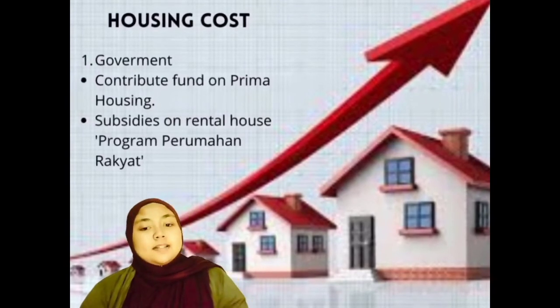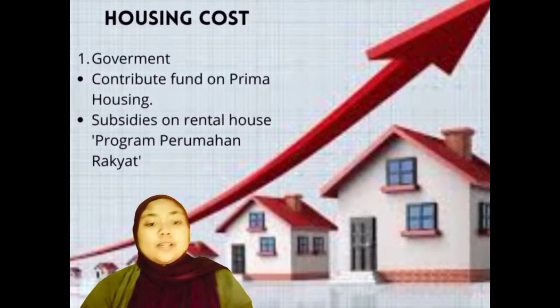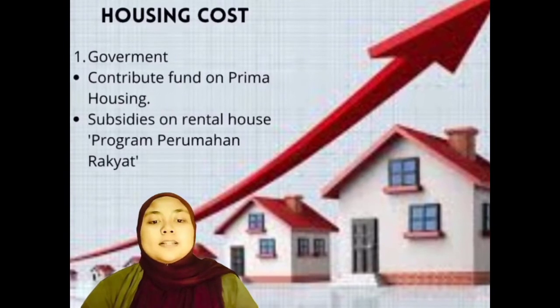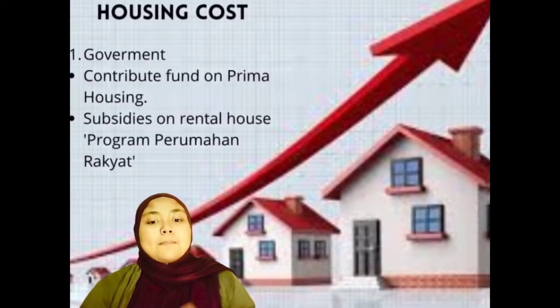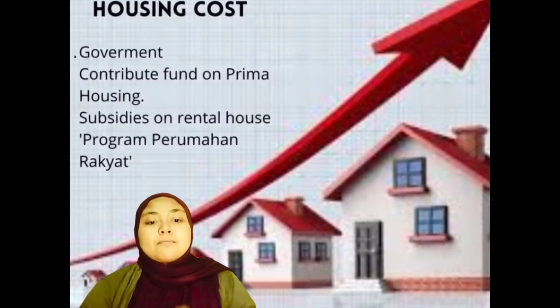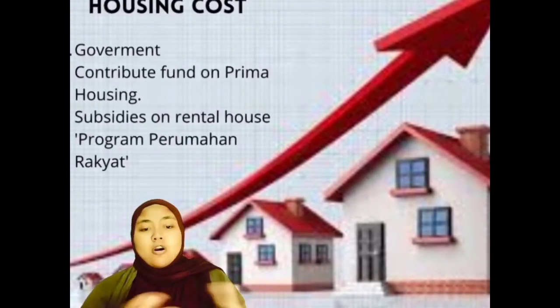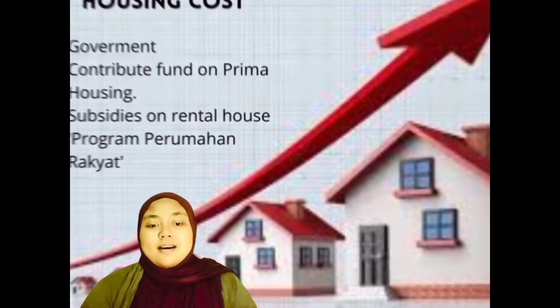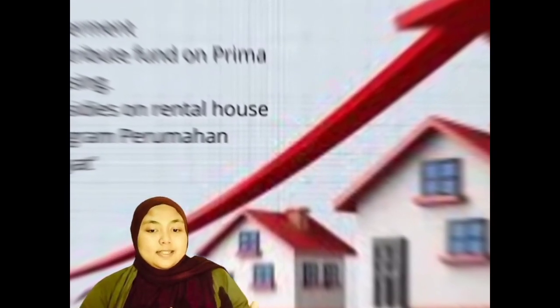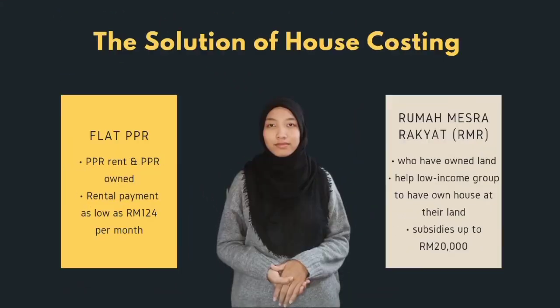Besides, government can also help reduce the percentage of homeless people in the country by providing subsidies for Program Perumahan Rakyat, or we call it PPR, which can help homeless people rent a house at a low cost price.